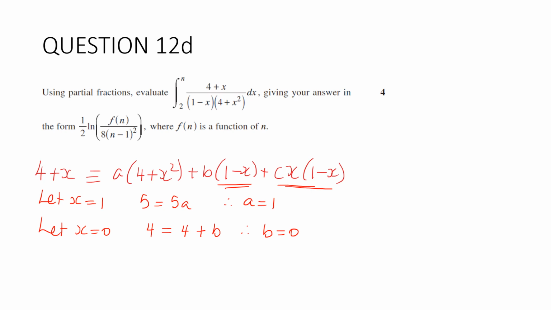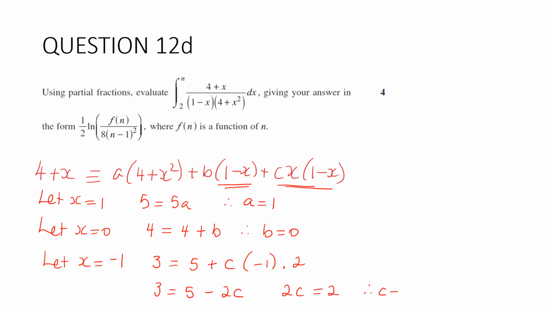And then finally, it doesn't really matter, let's let x equal negative 1. So 4 take 1 is 3 is equal to 5a, so a is 1, plus b is 0, plus c times negative 1 times 2. What have we got here? 3 equals 5, take away 2c, 2c is equal to 2, c is equal to 1.